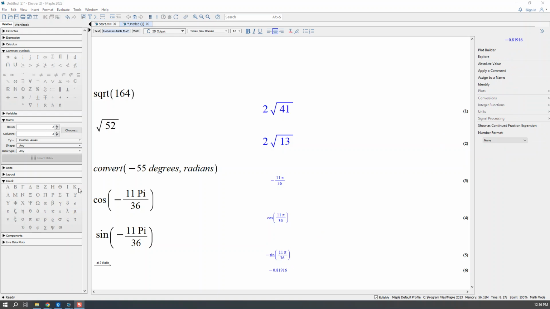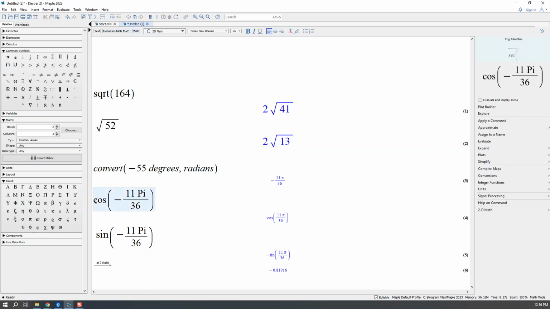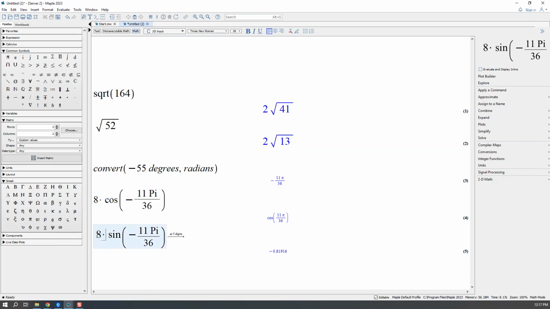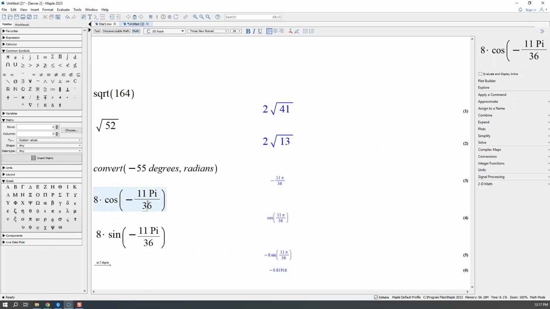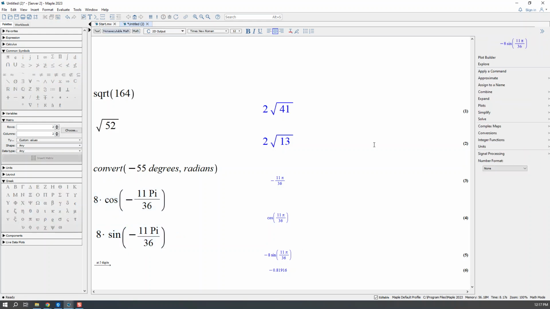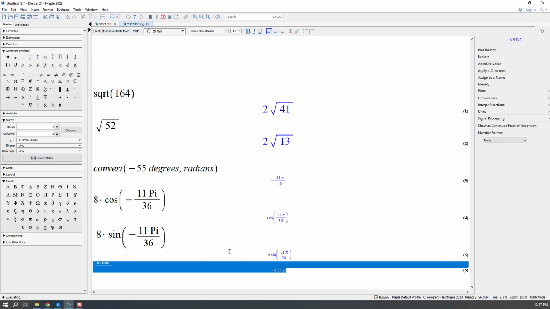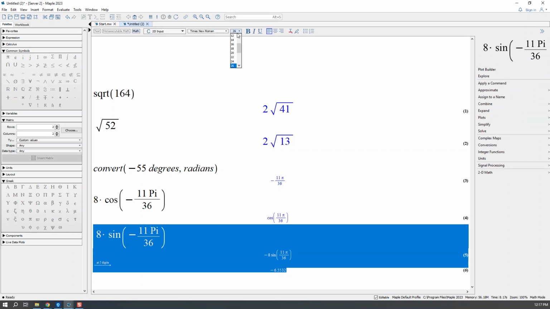Oh, and I forgot to multiply by 8. So it's 8 times this. And I believe you do have to put the times dot in there. There we go. And then I want to convert again. So it's telling me that, and then I want to say, give me that approximation. So that's the way you can do it as well.